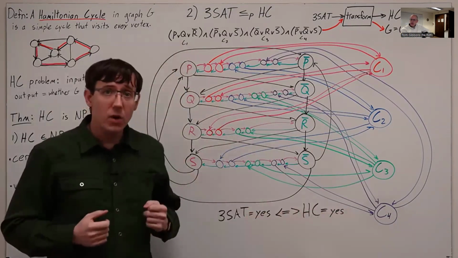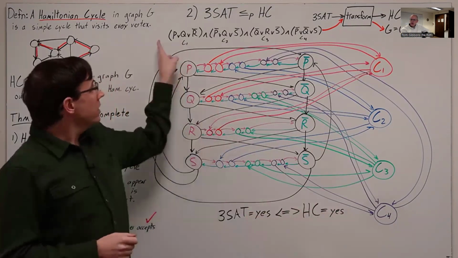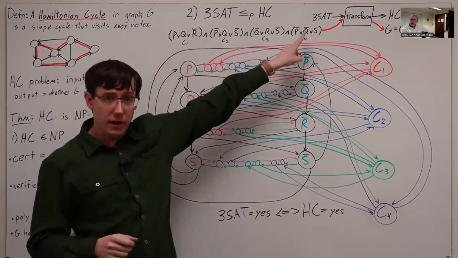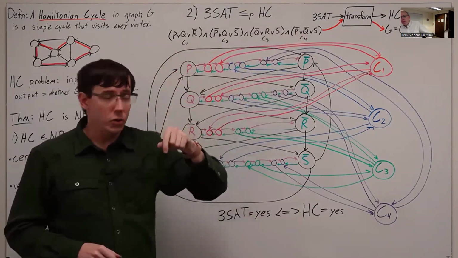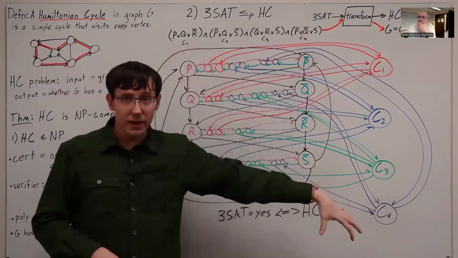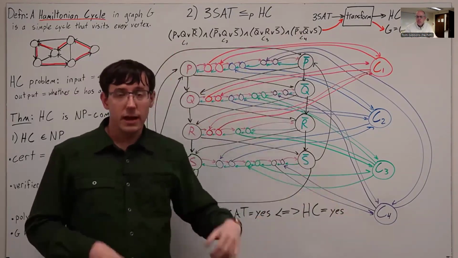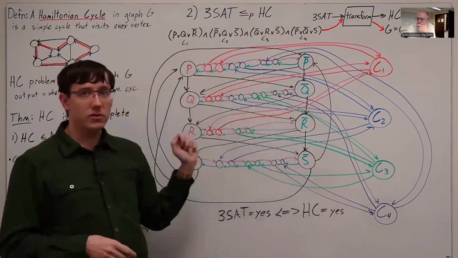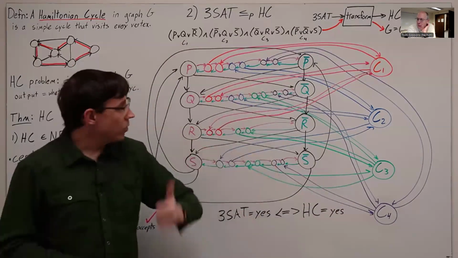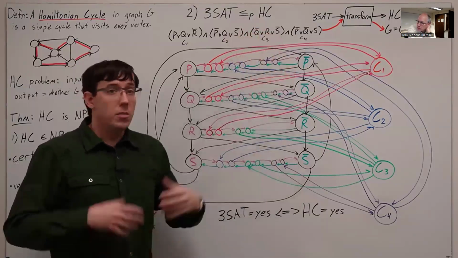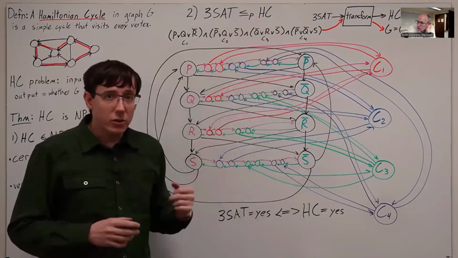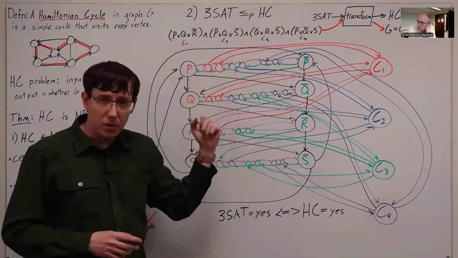To prove that claim, we need to show that if there's a satisfying assignment for the original formula, that corresponds to some Hamiltonian cycle in this graph, and that if there's a Hamiltonian cycle in this graph, that corresponds to some satisfying assignment. Before we do this in general, let's look at this particular example.